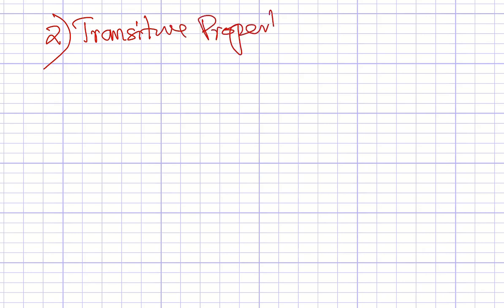So the second property of the ordering of numbers, right? The second property I want to discuss is called the transitive property. The transitive property of ordering.